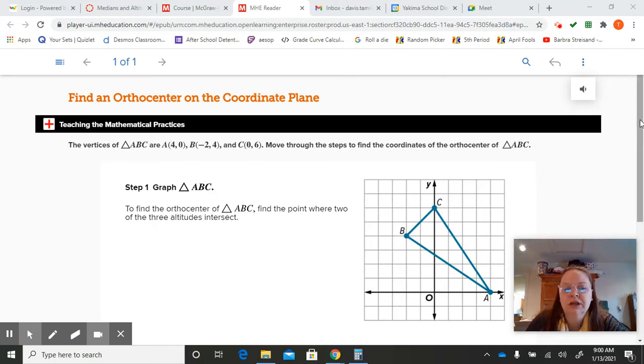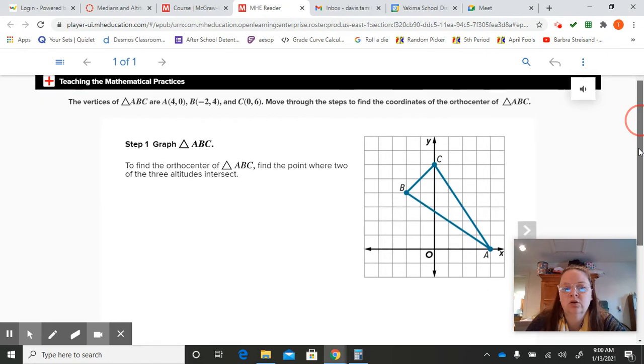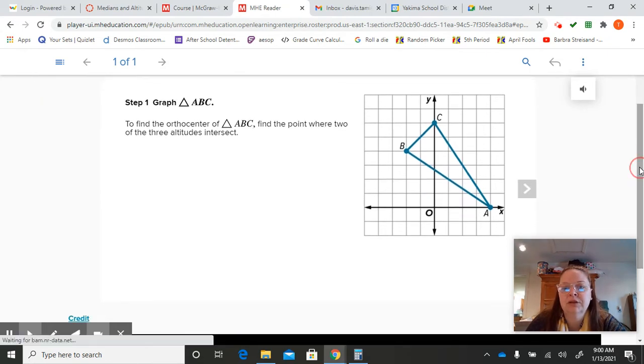Now, honestly, all of these are way easier to find on paper when you can manipulate, turn it and draw things. I find them much harder to do on the computer than in real life. For example, the last one that we did with the triangle, finding the centroid, and then having to figure out what the coordinate is.